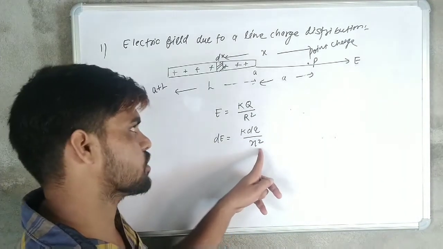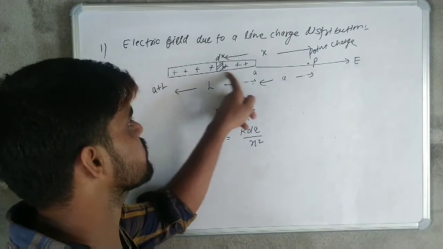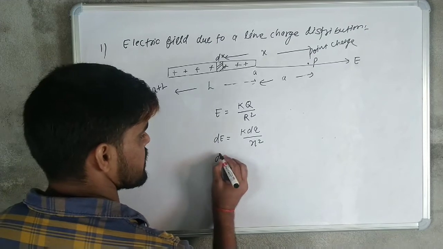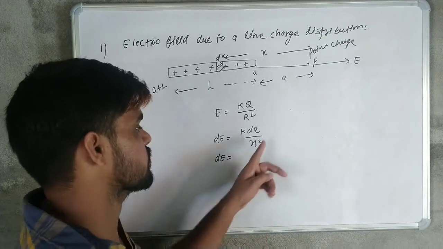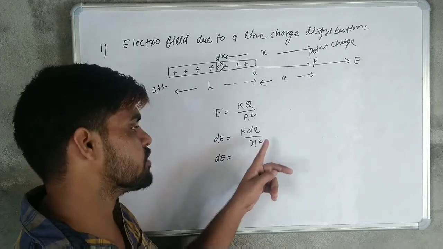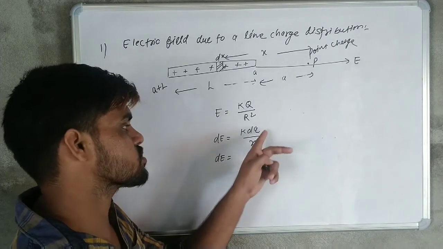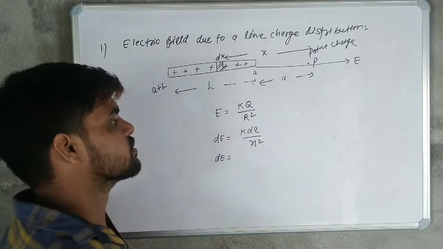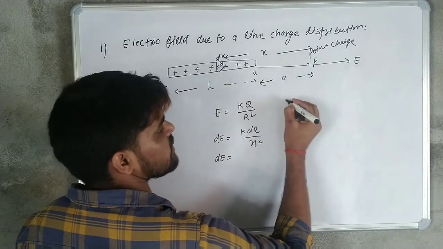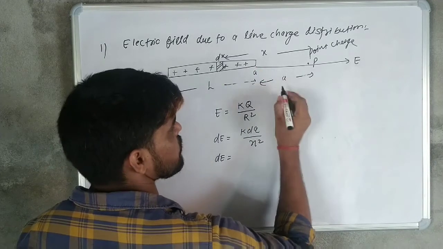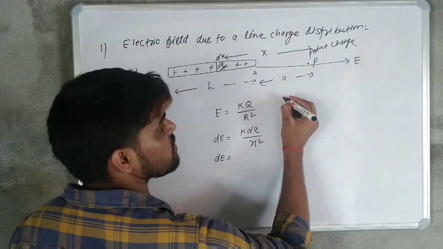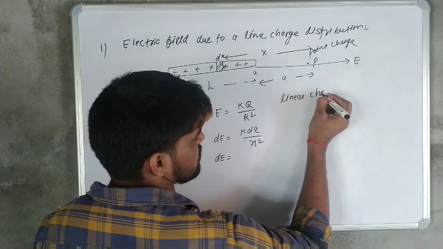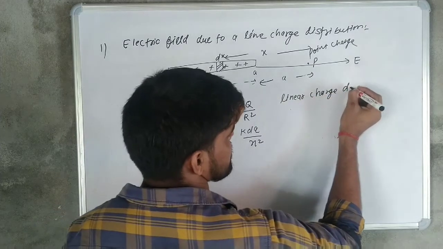Here x is variable, and dq is also variable, so we have to change one into a constant. We can write dq using the linear charge density of this rod.